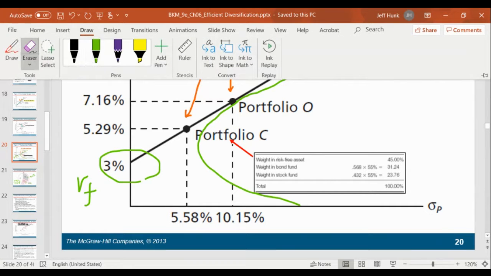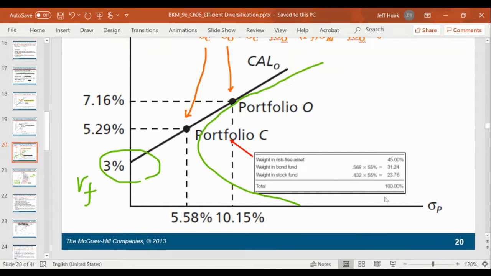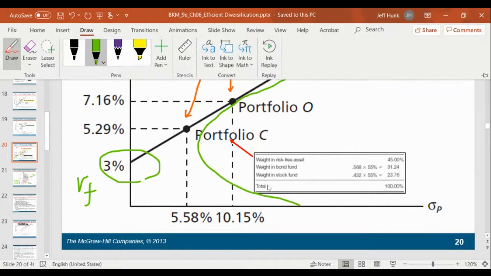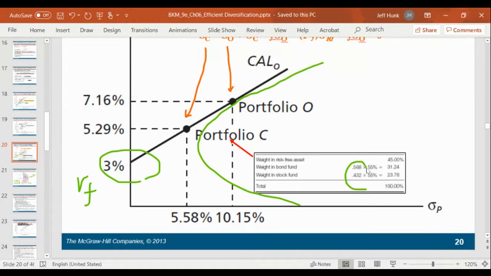It wasn't the same example, as I said, because they used something slightly different.